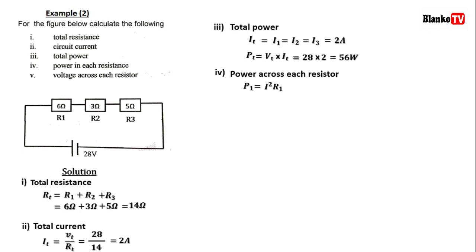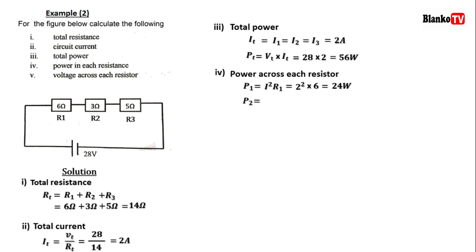I hope you are following it. So we have 2 squared multiplied by R1, which is 6, and 2 squared times 6 gives us 24 watts.